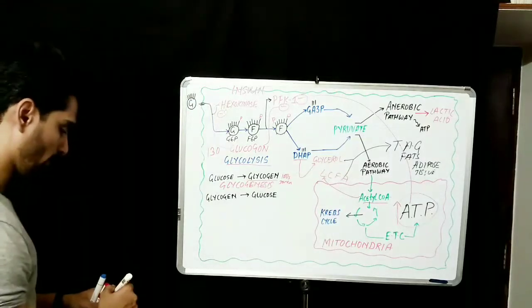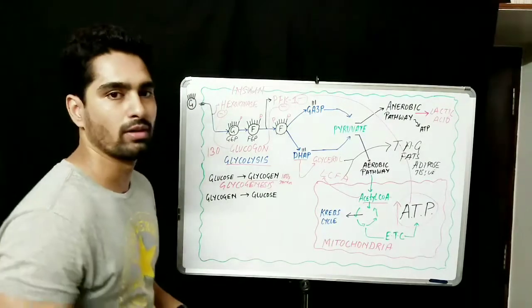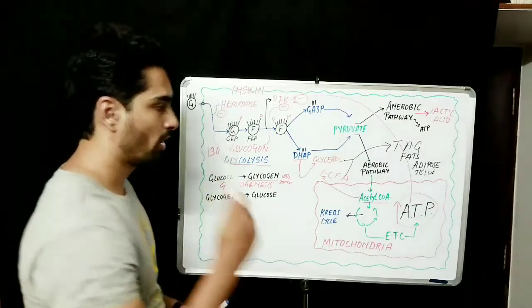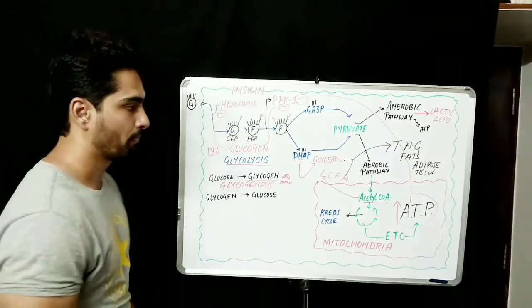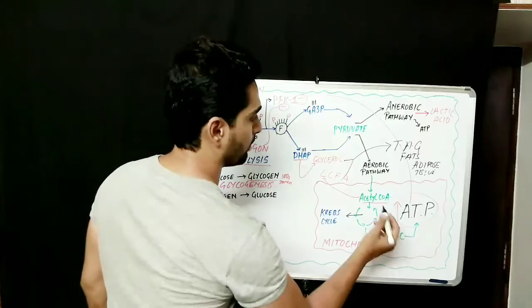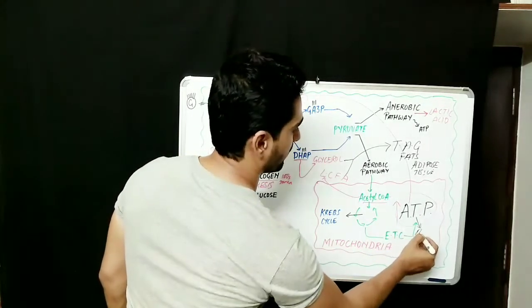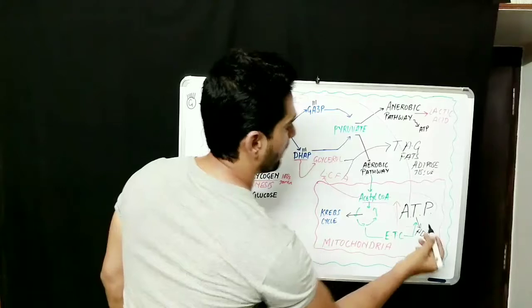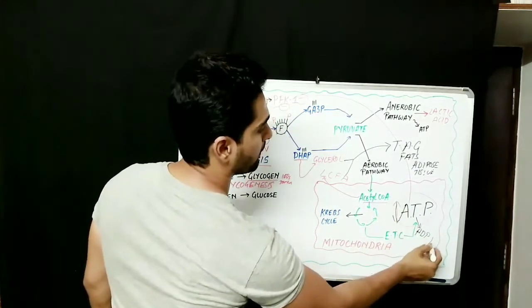Okay, now what? We build another case where you are frequently involved in physical activity. So what happens? You use up most of your ATP, you keep using your ATP. When you use up your ATP, you found that the ATP is converted to ADP. So when the ATP decreases, your ADP increases.